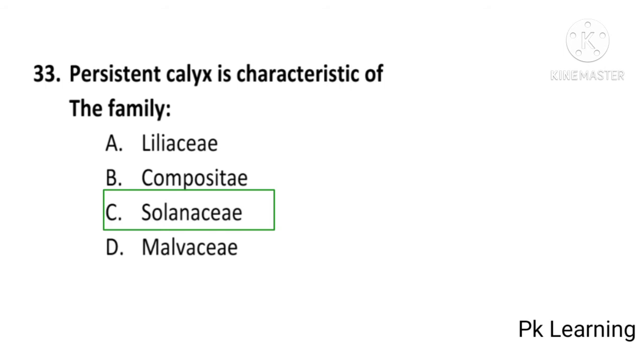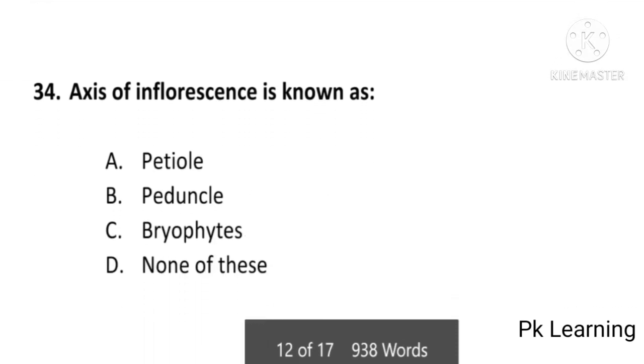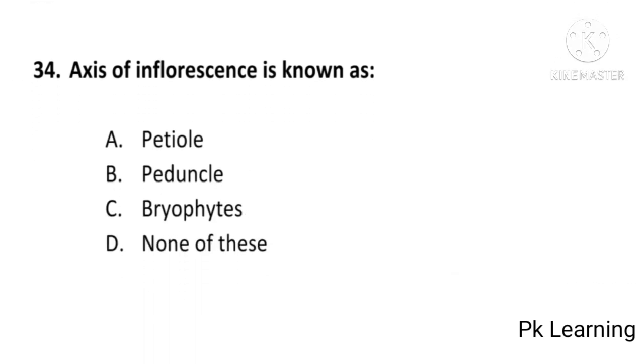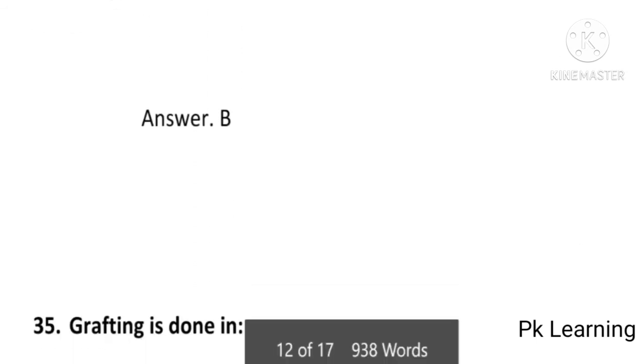C is correct option. And next question is, axis of inflorescence is known as petiole, peduncle, bryophytes, or none of these. And answer is B, peduncle. Axis of inflorescence is known as peduncle. B is correct option.